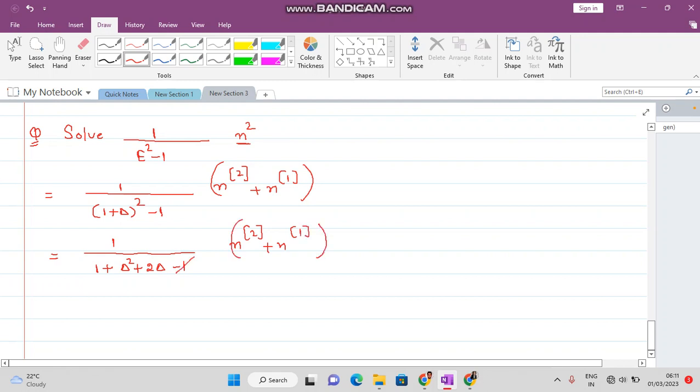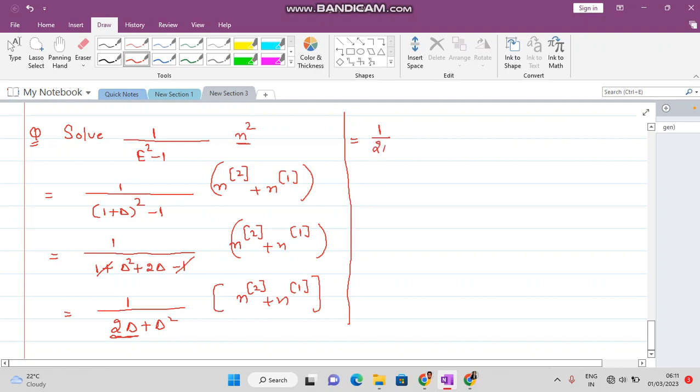So it is 1 by (a square plus b square plus 2ab minus 1), that is 1 by (2 delta plus delta square), into n raised to the power 2 factorial plus n raised to the power 1 factorial; the 1 and minus 1 cancel with each other. Now as we want to make the first term 1, take 2 delta common from it.